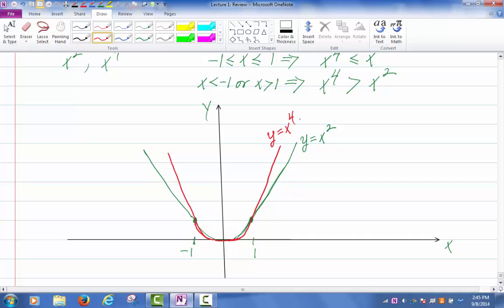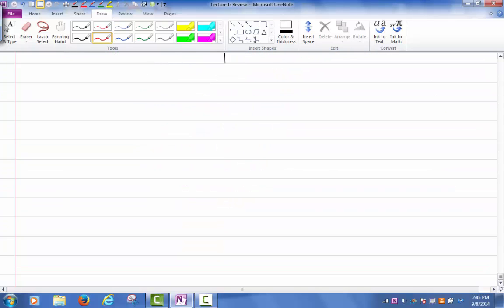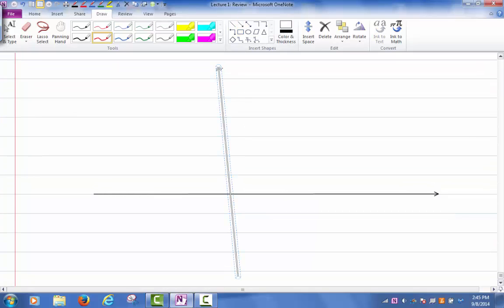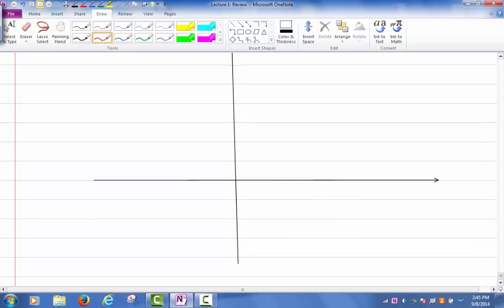And you can say the same thing for the odd powers of x. So let me make my x-axis, y-axis. Okay, so the graph of x cubed looks like something like this.